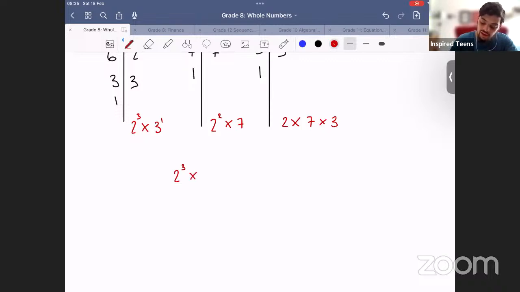The highest exponent for 3 is 3 to the 1. And the highest exponent for 7 is 7. So now I multiply this to get my LCM. The LCM is 2 cubed times 3 times 7. I get an answer of 168 as the lowest common multiple.